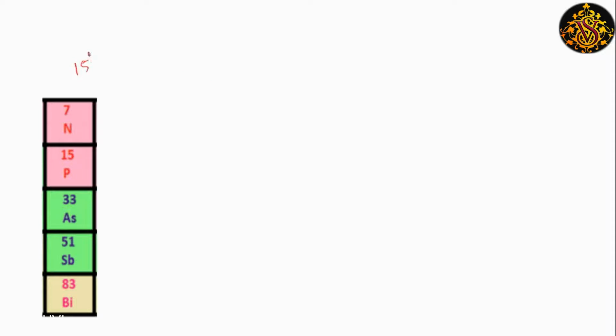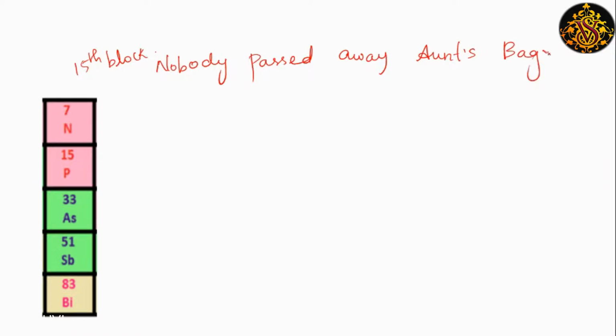And this is the 15th block. Remember the phrase: nobody passed away ants bag. Just remember the sentence, nobody passed away ants bag.